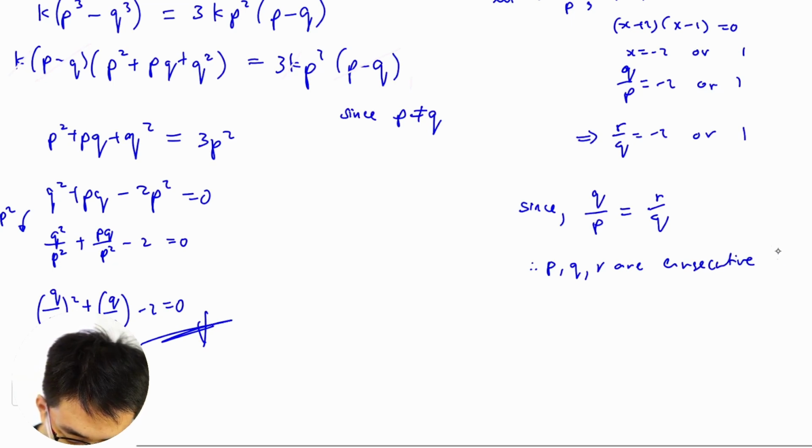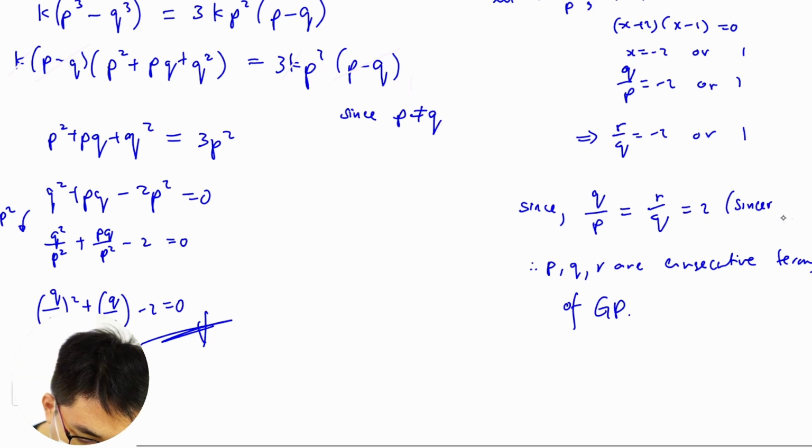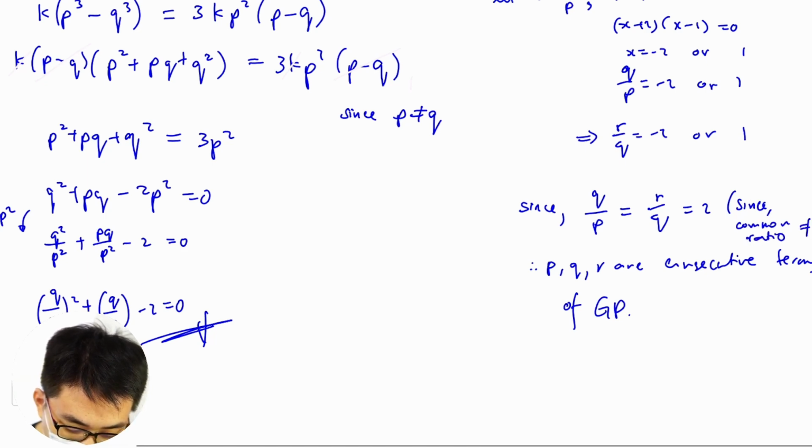The common ratio, because they already use R there, annoying, is now equal to 1.